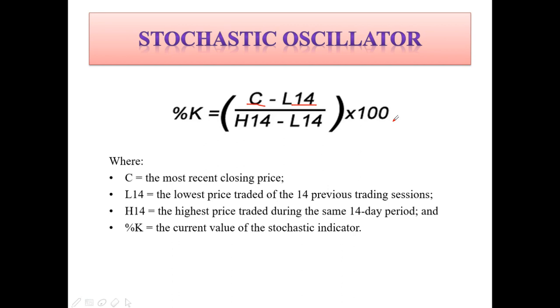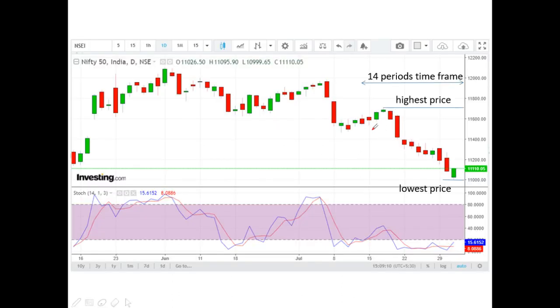So let's apply this directly on this chart. In the last 14 periods, this is a daily chart, so each candlestick represents one day. In this specific chart, this is the 14 period time frame, from here till over here. Here we have the lowest price, this line here, that is 11,000.